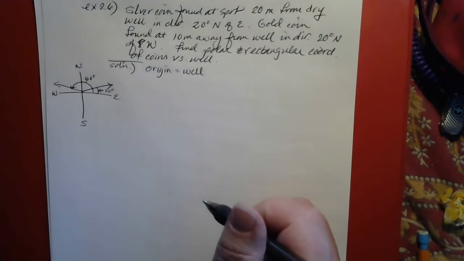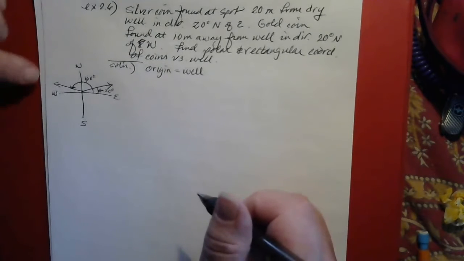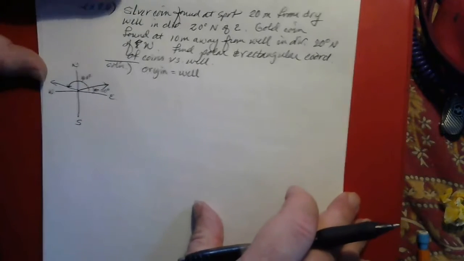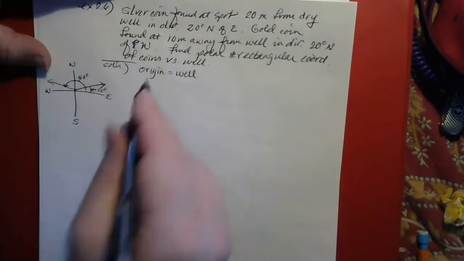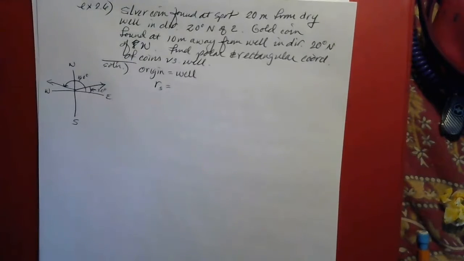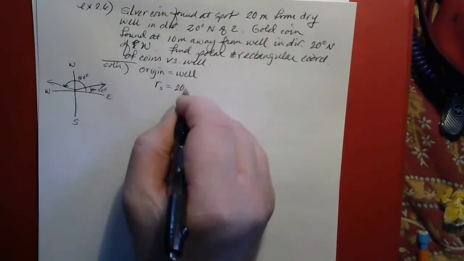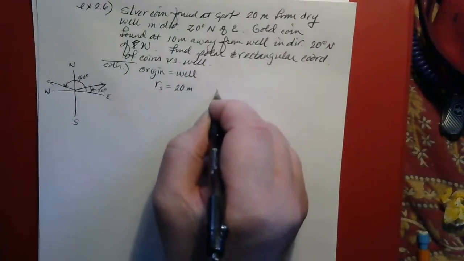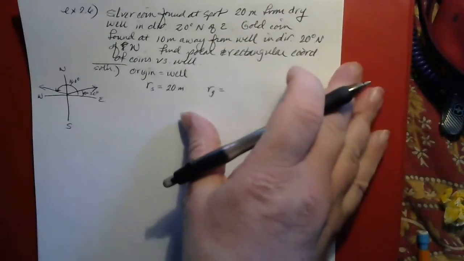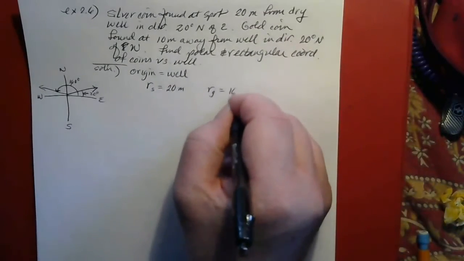So there are your angles. Anyway, the magnitude of the vector that points to the silver coin is 20 meters. The magnitude of the vector that points toward the gold coin is 10 meters.